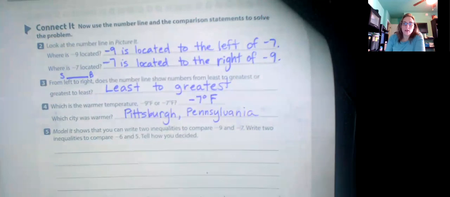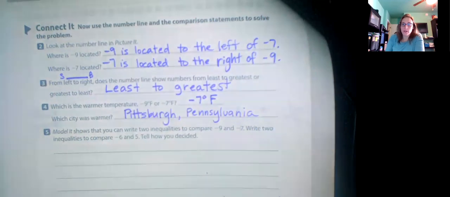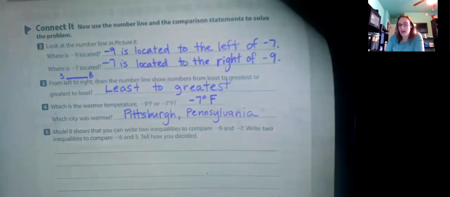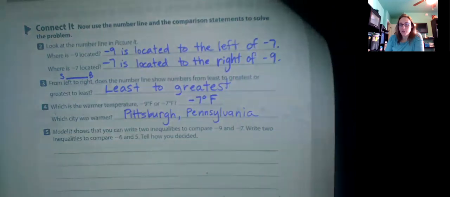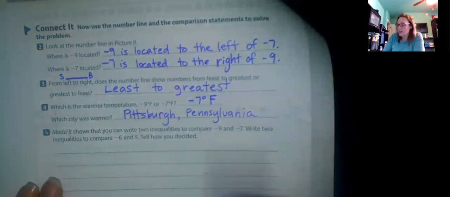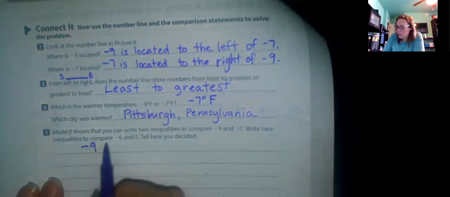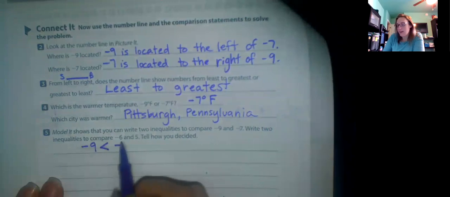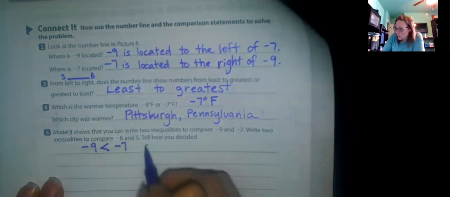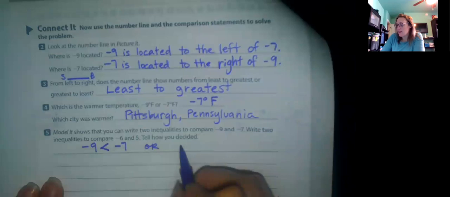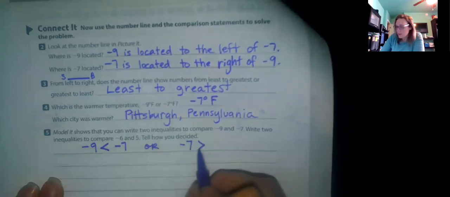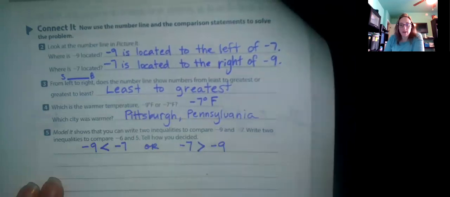Okay. Model that shows that you can write two inequalities that compare -9 and -7. Write two inequalities that compare -6 and 5. Okay, so remember on the other side, we said that -9 was less than -7. Or we could flip that around and say that -7 is greater than -9.